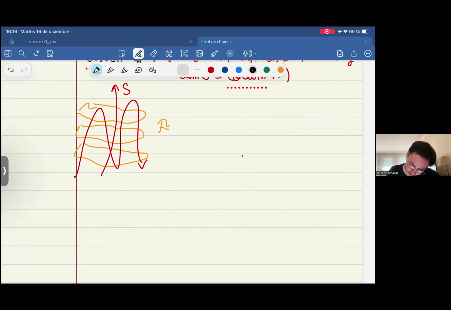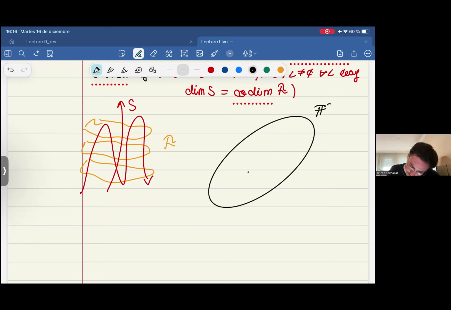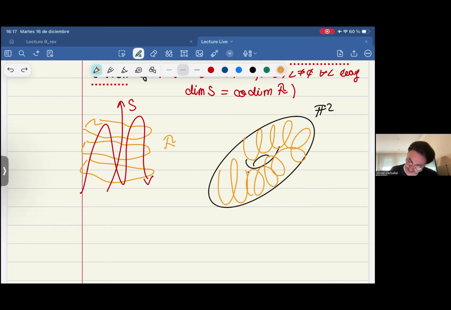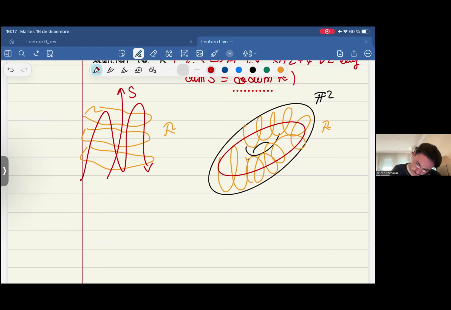Remember that we have the two-dimensional torus here, and this is the canonical foliation. In order to take a completely transversal submanifold, we can take something here in this way, remembering that the torus is the product of two circles.